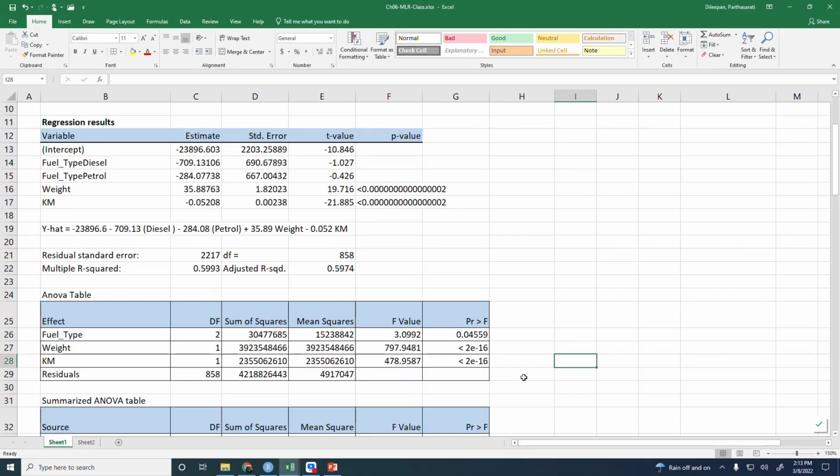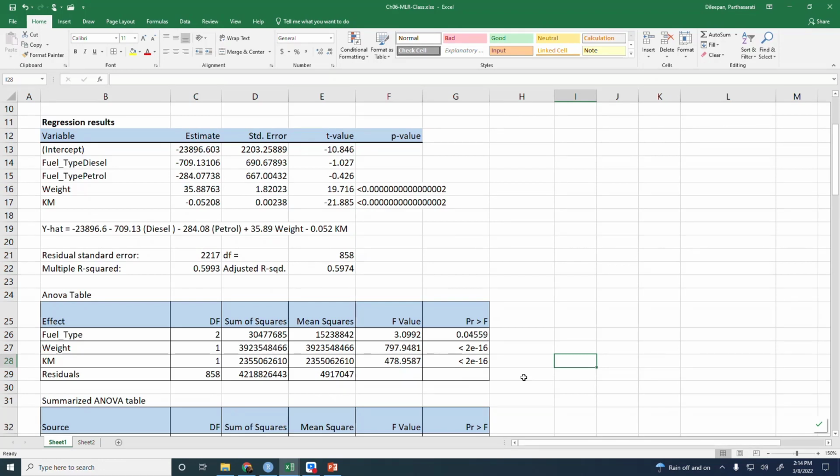And then there is residual. Residual is the variability that we are not able to explain. So that is beyond what this model is able to do. So here you get the mean square. Mean square is computed by dividing the sum of squares by the degrees of freedom. Okay. So each variable contributes 1 degree of freedom.